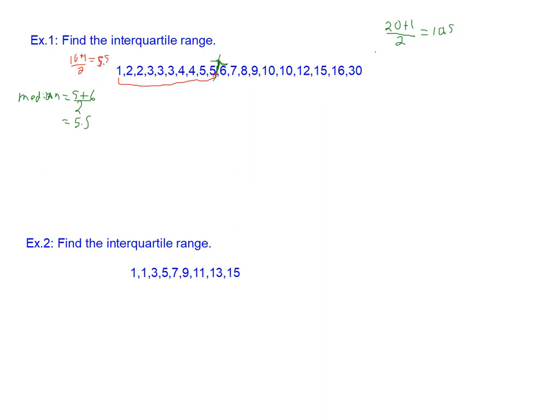So we're looking for the average between the 5th and the 6th. So 1, 2, 3, 4, 5, and 6. That's right in here. So Q1 falls right between there, while the average of 3 and 3 is just going to be 3. So Q1 equals 3. Q1. Let's fix that up.